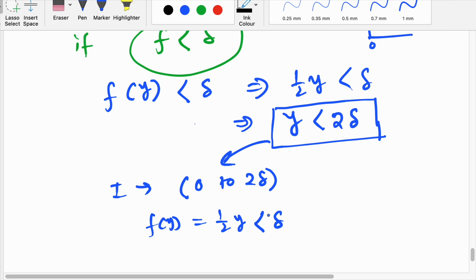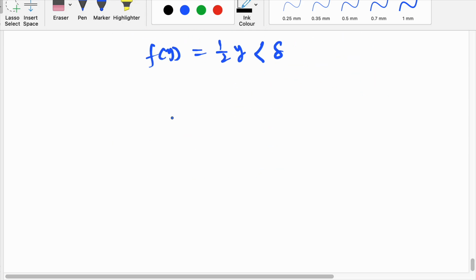So we have found an interval: if I choose I between 0 and 2 delta, then if I take any point from that interval, for every iteration n these conditions are satisfied, that means f is less than delta and f to the power n must be less than delta.